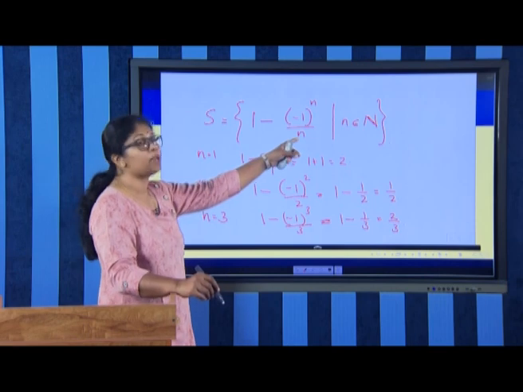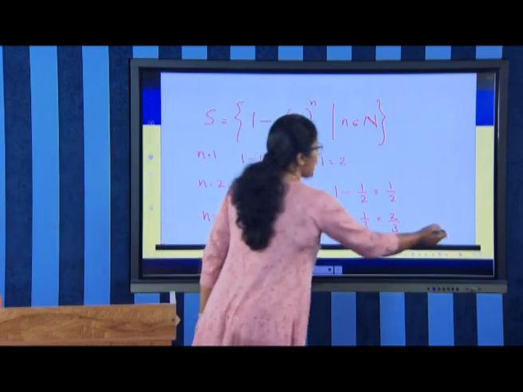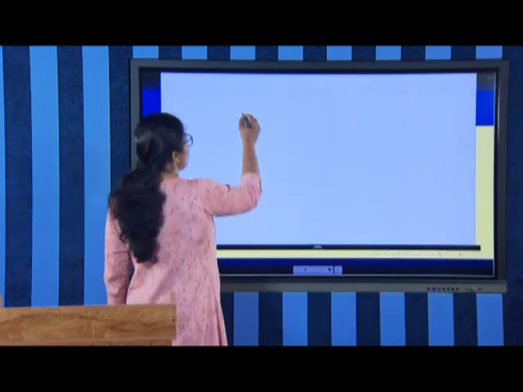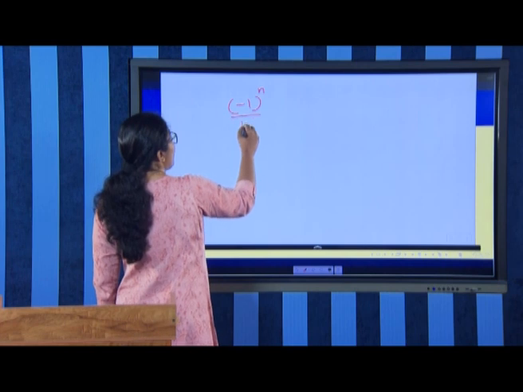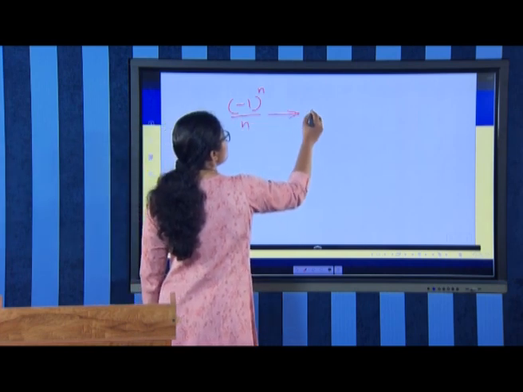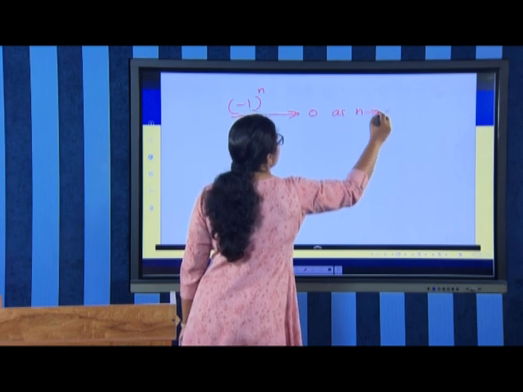What happens when n becomes larger and larger? As n becomes larger and larger, (-1)^n upon n goes to 0 as n goes to infinity.